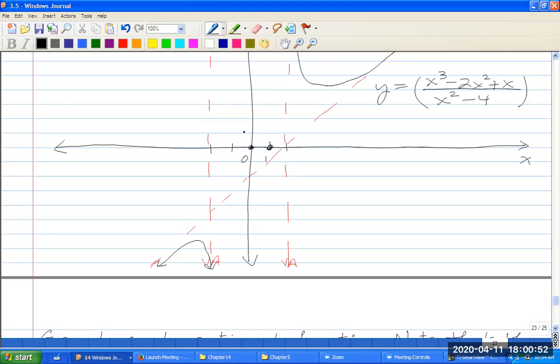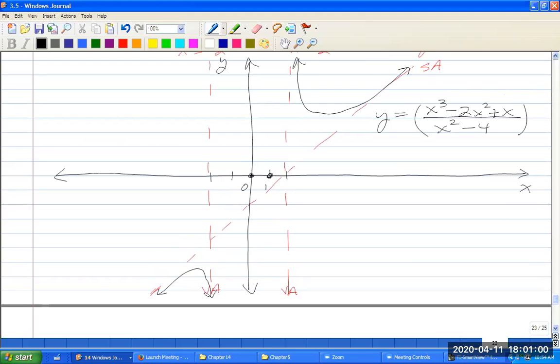And then through here, it looked like a linear sort of. And so it has to look like this, approach this, go through this, look like a parabola here, go down and approach this. And that's what the graph looks like.